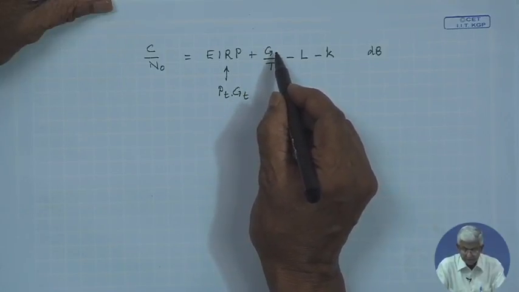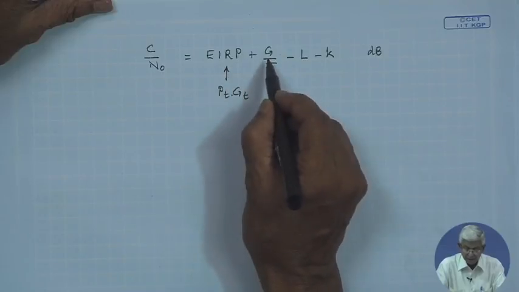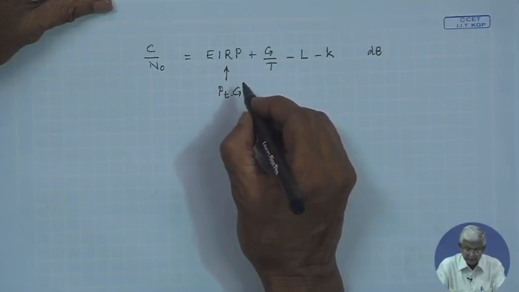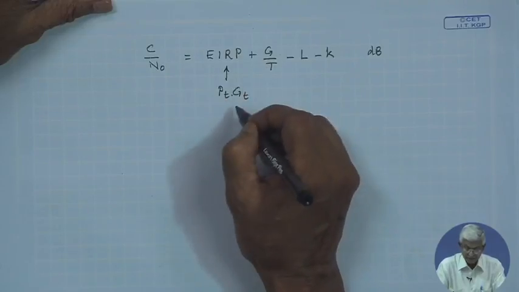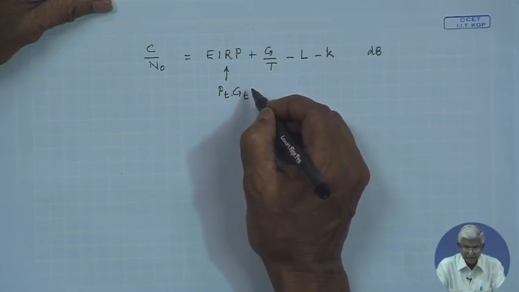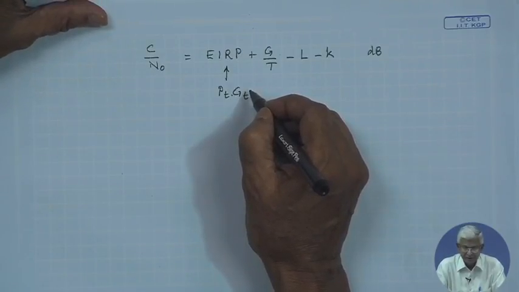Now you see, in both uplink and downlink, the satellite as well as the ground station have antennas being used. Now the satellite antenna, whether it is transmitting or receiving, you cannot make very large. Normally there are two reasons.